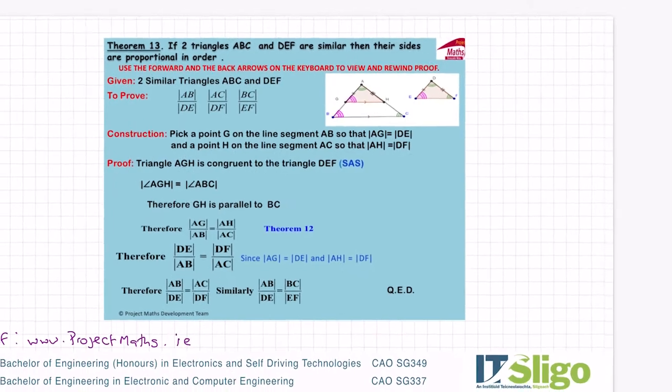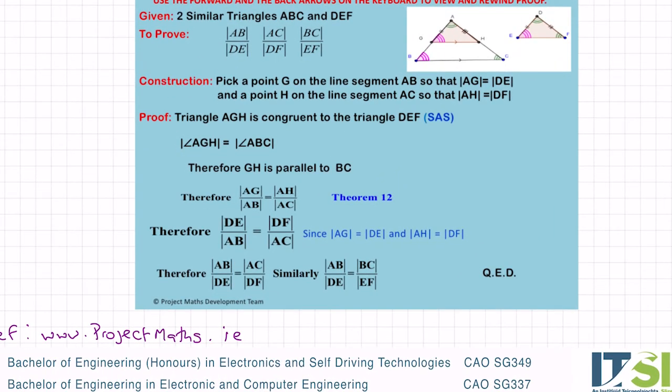And then finally, you can flip them upside down. Remember I said it doesn't matter which triangle you start with, so flip that upside down so that it becomes AB over DE is equal to, flip this one upside down, AC over DF.